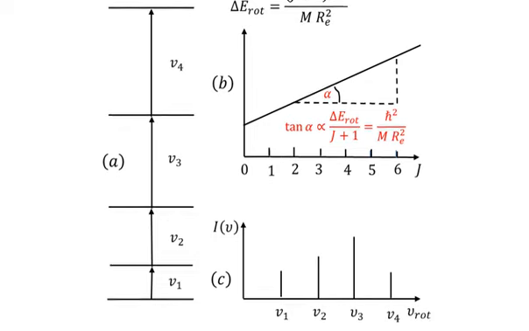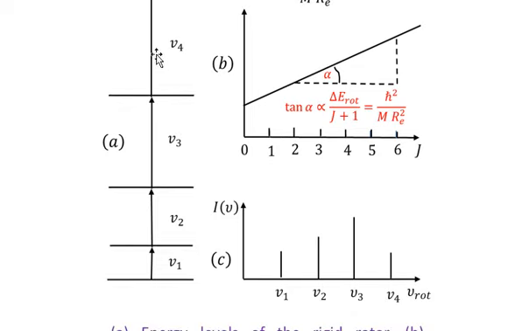The spectrum of the rotational levels, which will emerge with the de-excitation from these rotational levels, is given on the right hand side. The intensity of the frequencies is plotted over here, and the rotational frequencies are plotted on the horizontal axis: rotational frequencies nu1, nu2, nu3 and nu4.